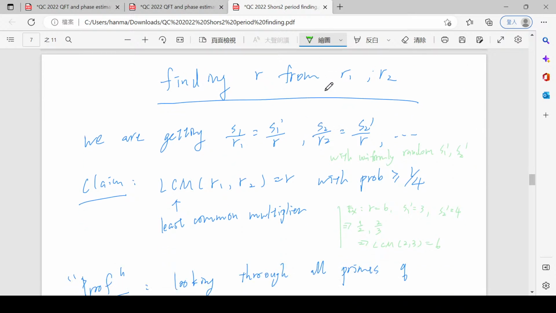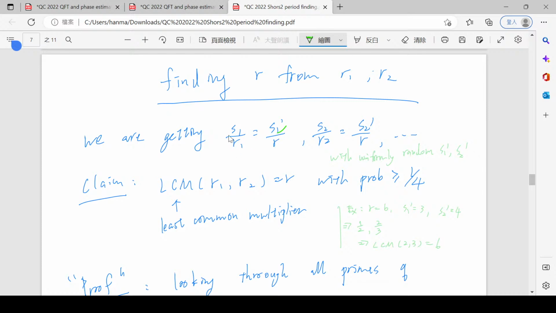So the problem is you are drawing uniform S, okay? And as we say, we are going to draw S as uniform. And here we actually change a little notation. So let's say the thing we draw is S prime. So we are going to draw our S1 prime, our S2 prime, etc. And now the problem is this S1 prime and R might have some common factors.